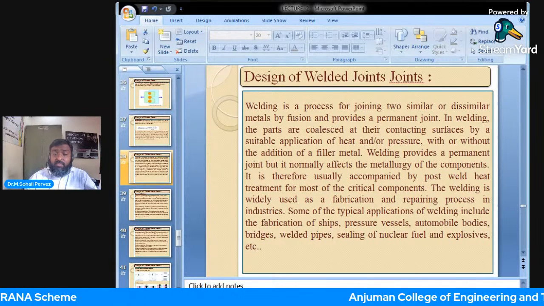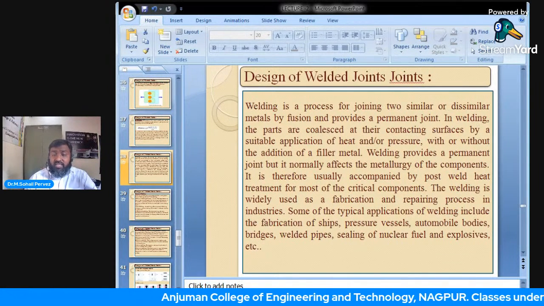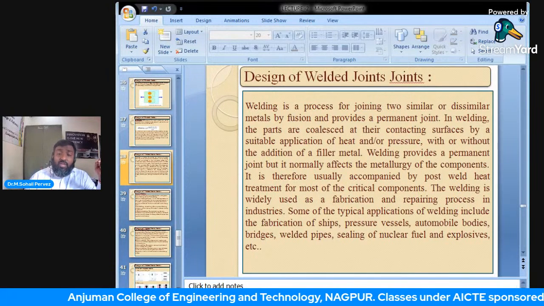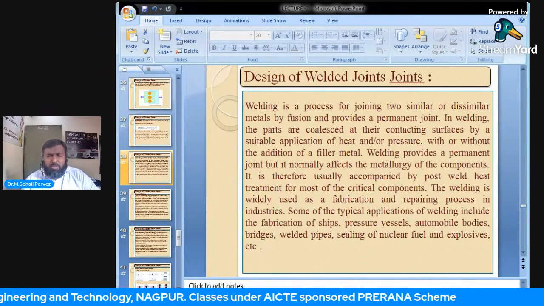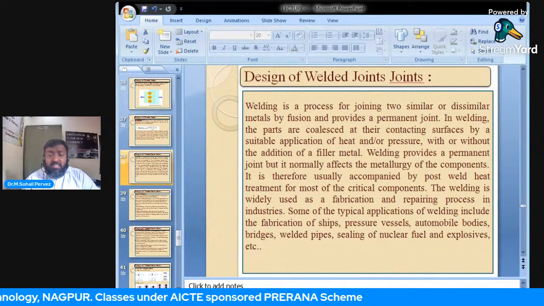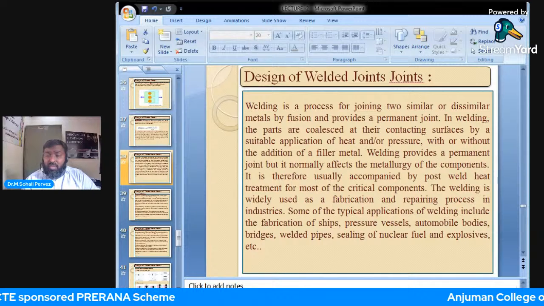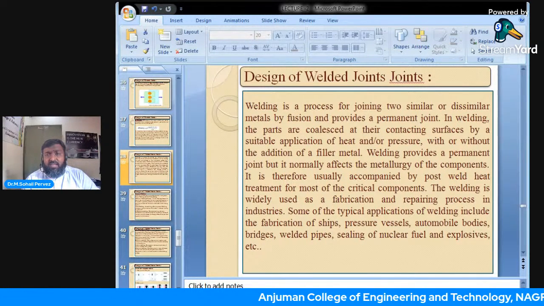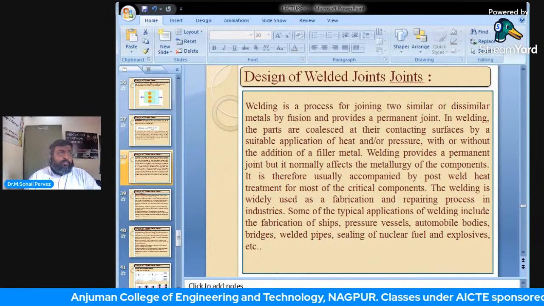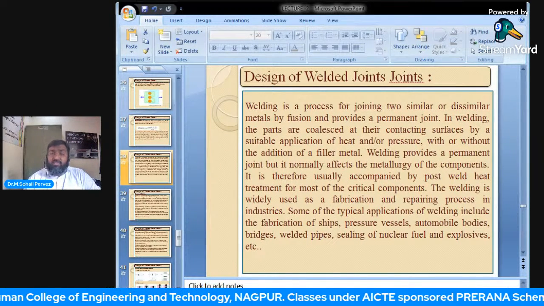We will discuss them one by one, because generally the welding procedures are divided into basic categories. It is used in fabrication of ships, automobiles, pressure vessels, bridges, pipelines, nuclear fuels and explosives, ceilings, everywhere where we expect a leak-proof joint, we will use welded joints.